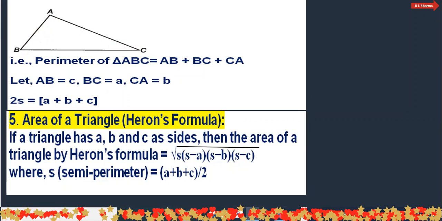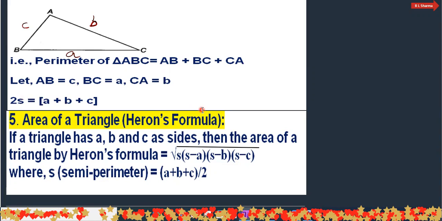Let this be c, and now the side BC is a, and side AC is small b. We need three sides, and then we find the small s. Small s means semi perimeter.